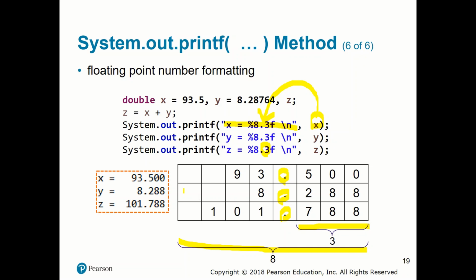So if you see the result, x equals is printed out, and then 8 spaces are made, and then 3 numbers are printed out below the decimal point. y equals is printed out, with 8 places, and 3 for this number. z is also printed out, and then 8 spaces are occupied for this number, and then 3 numbers are printed out like this.